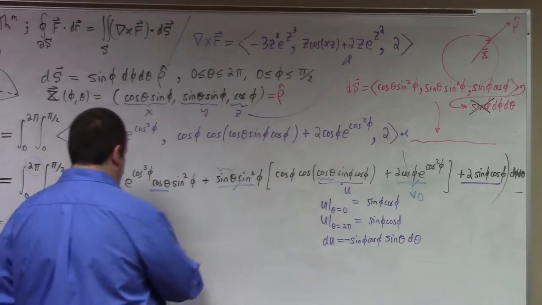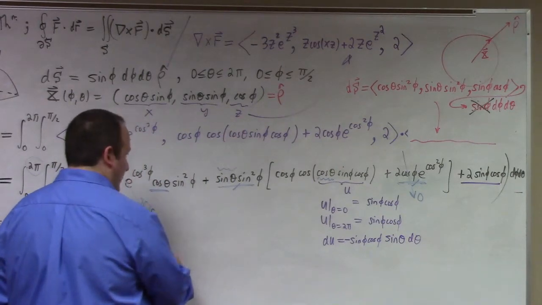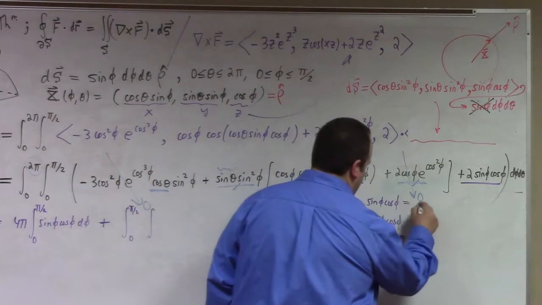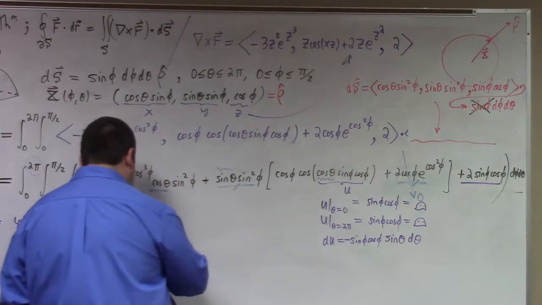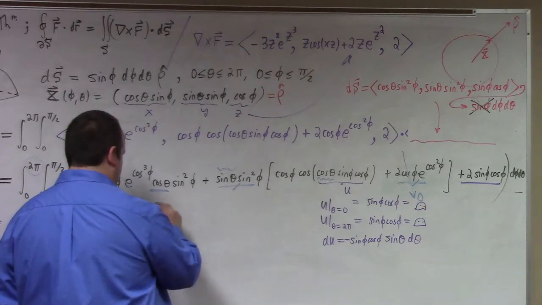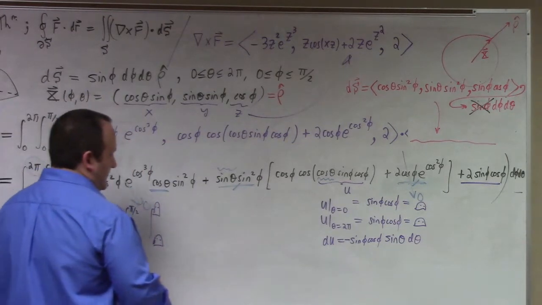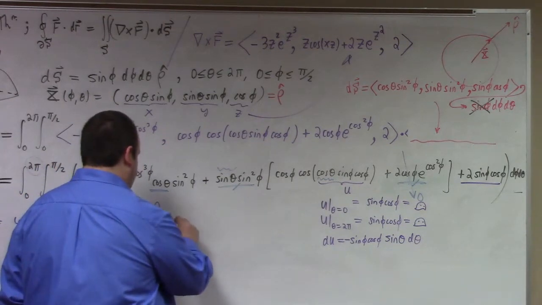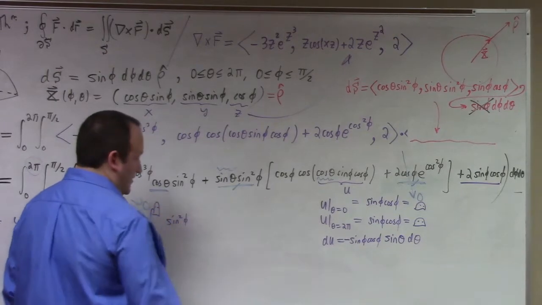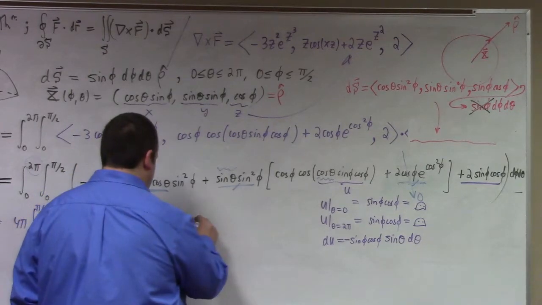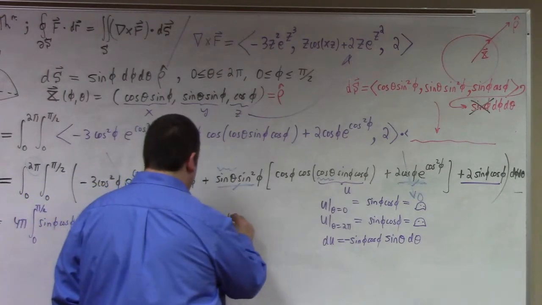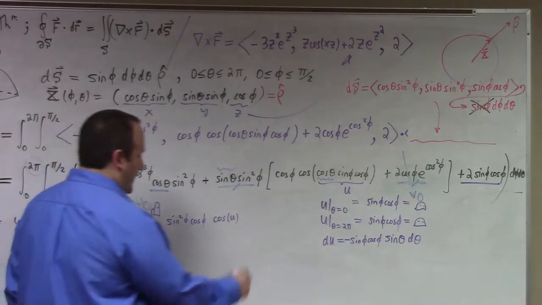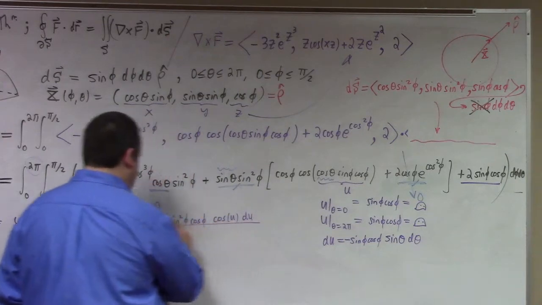All right, so we have the integral from, I'm going to call this stupid thing ghost, to ghost. And we got ourselves a sine squared phi, cosine phi, cosine of u, and then we got du over what?